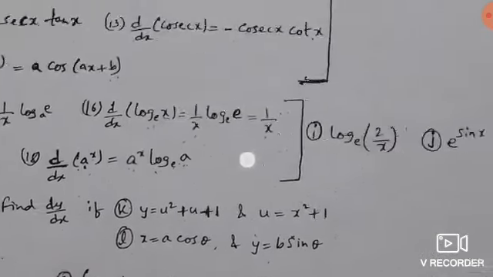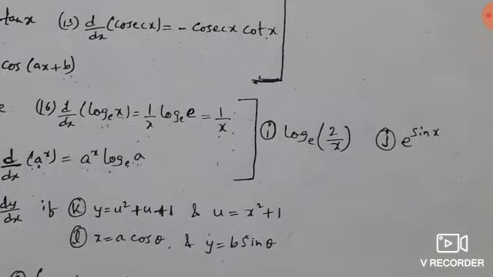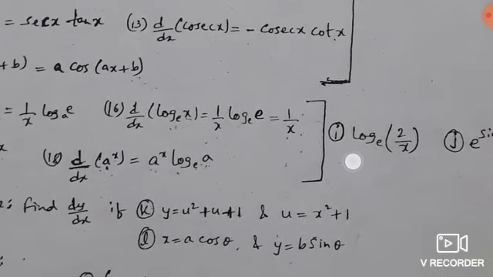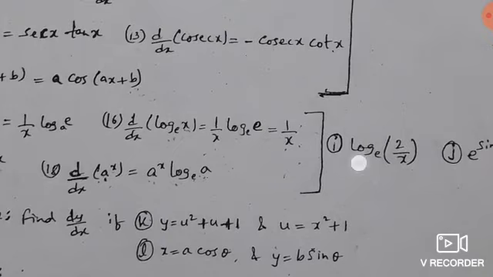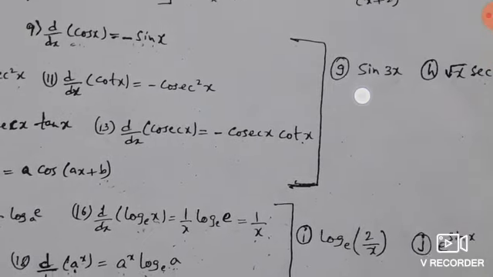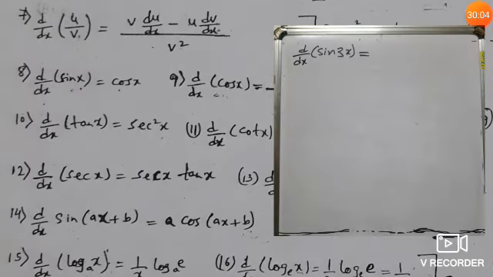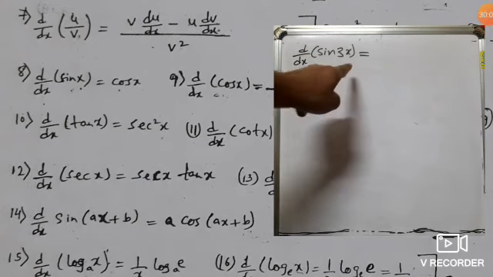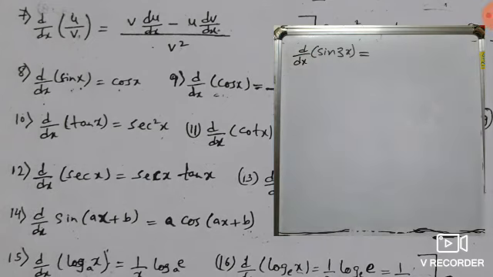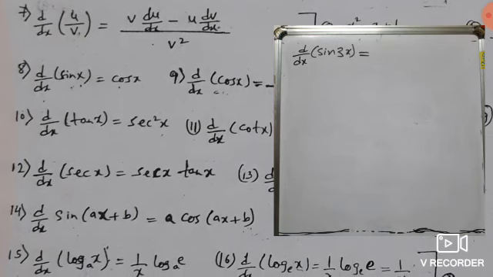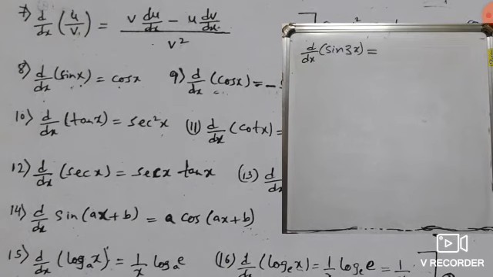So we will solve problem number I and see what is the change. But before that we have to solve problem number G, sin 3x. So we can see on the board d/dx of sin 3x will be equal to, here on the screen d/dx of sin x is cos x, but it is not sin x, it is sin 3x.